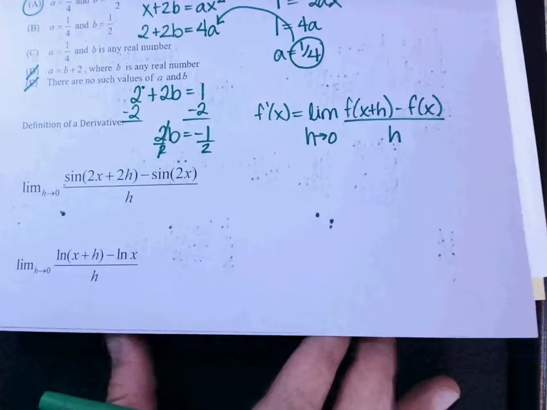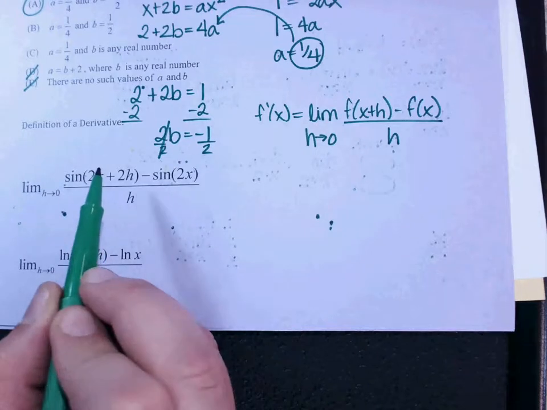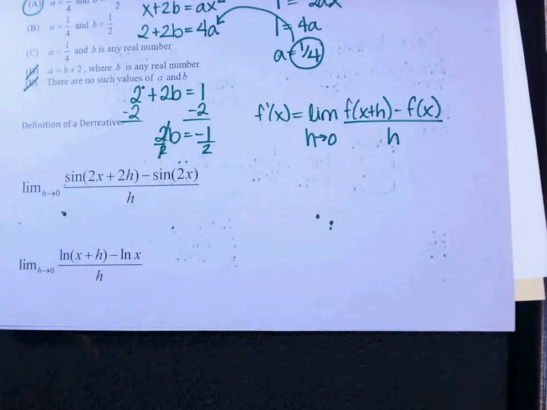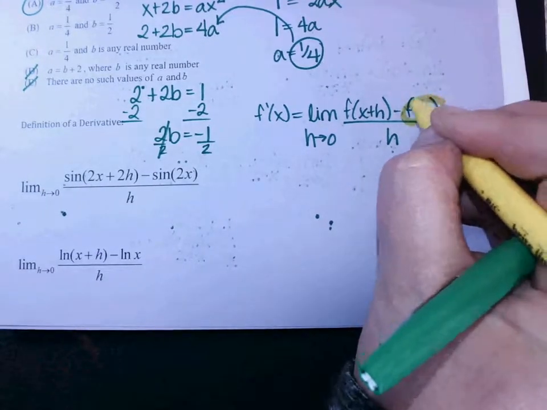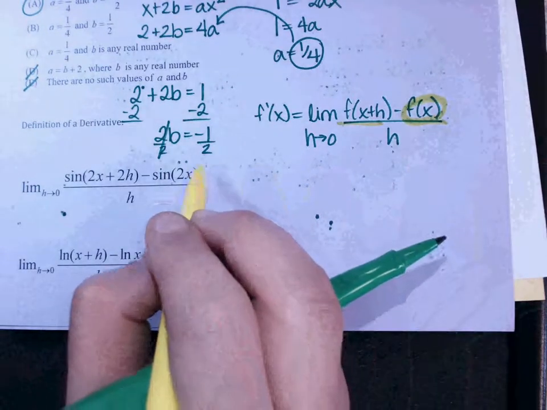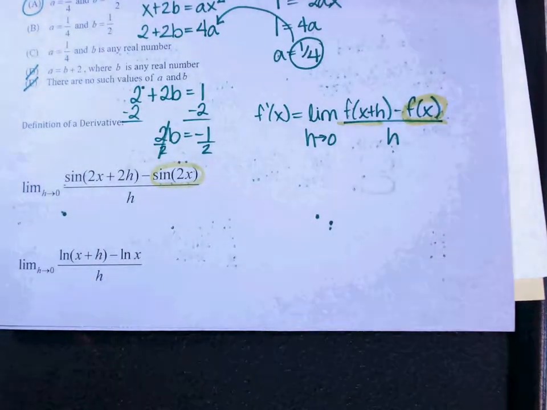So for example, if I'm looking at this big long question right here on the AP test, all that you have to do is say, oh, they want me to take the derivative. Derivative of what? f of x. Where is f of x on the top? Is it the first thing or the second thing? Okay, so this is what I want my function to be, and then I'm just going to take the derivative of that.